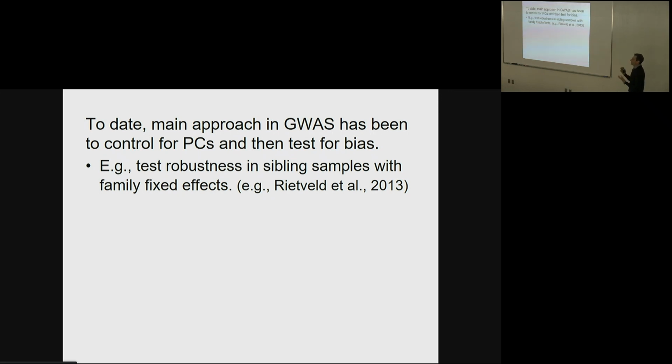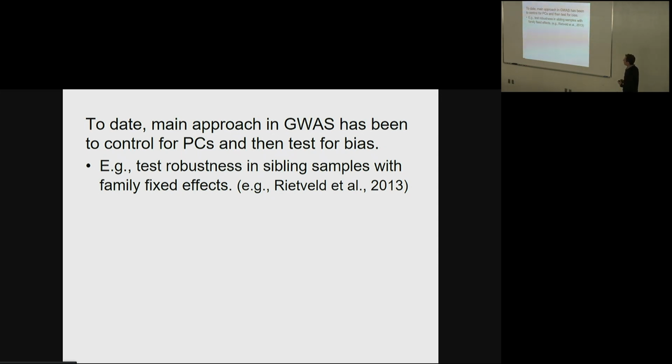And then we test whether the results we're getting are the result of biases from, for example, population stratification or other kinds of gene-environment correlation. We've done that by testing robustness of our GWAS results in sibling samples using family fixed effects. We've done that going back to EA1 and in all of the EA GWAS and many other papers.